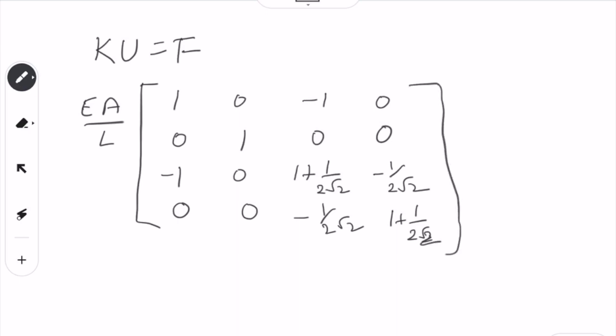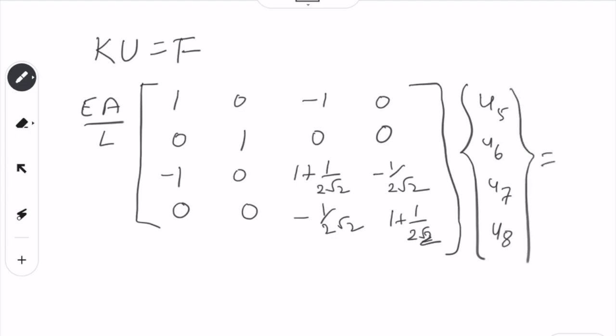Okay. So, this is what we have, multiplied by u5 u6 u7 u8, is equal to F5 which is 10, then we have 0, then 0, then 0.